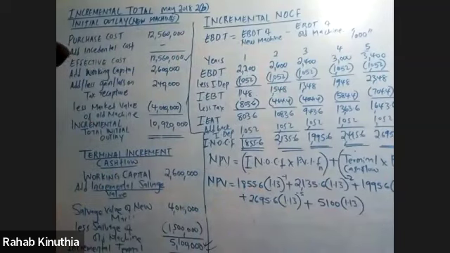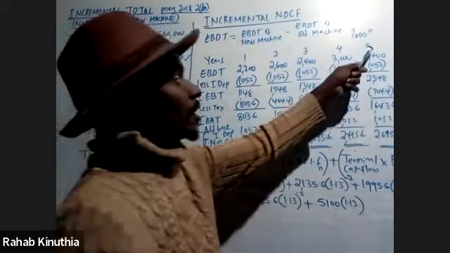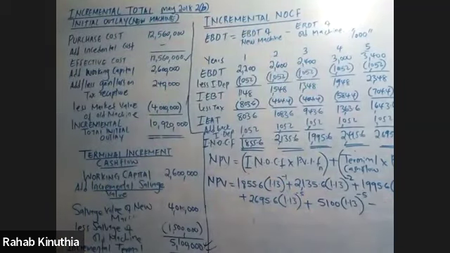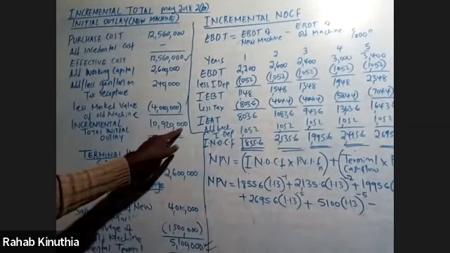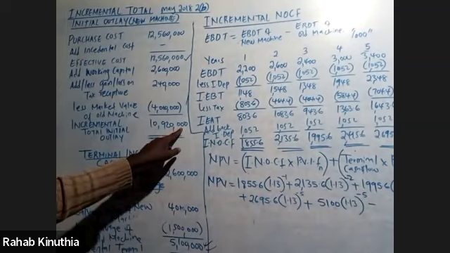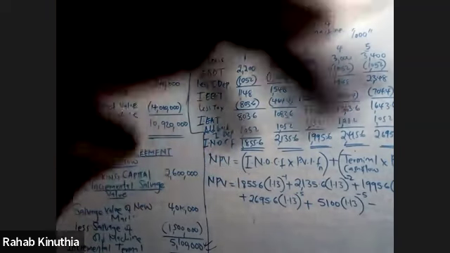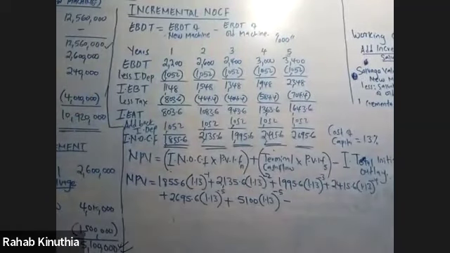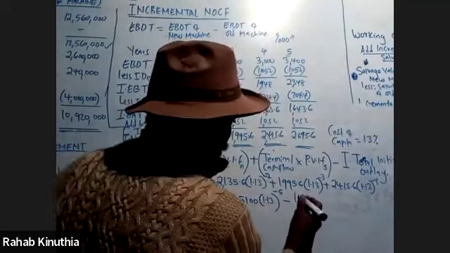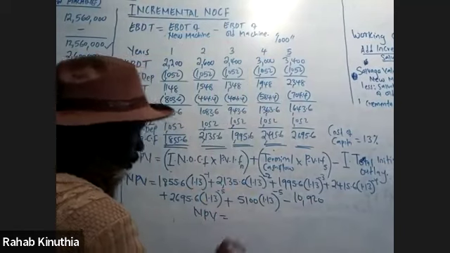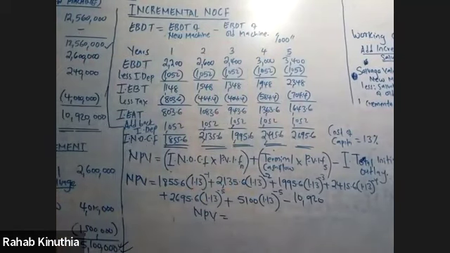We said it is a cash flow at the end, so what is the end? The end is here, 5. So minus 5. Then we need to minus our total cost, here it is, 1,020,000, but it goes in thousand, so it will be 1020. You shall get your NPV.